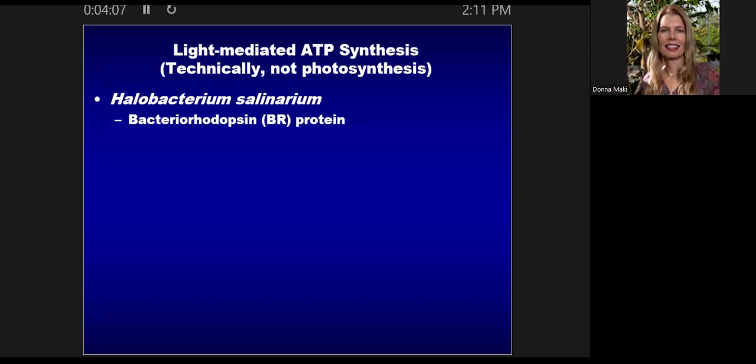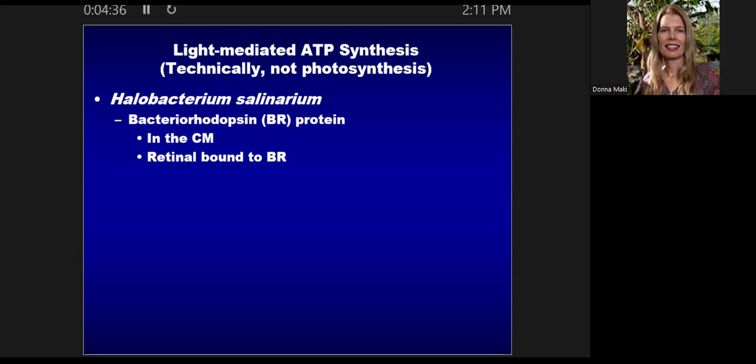But anyways, the reason it's so well adapted to salty conditions is it has this ability to use light energy. It's called a bacterial rhodopsin protein, often just shortened to BR. It's located in their cell membrane, and there's a retinal bound to it.